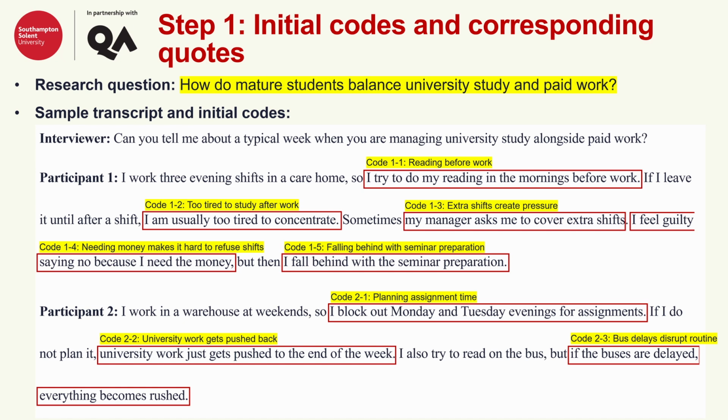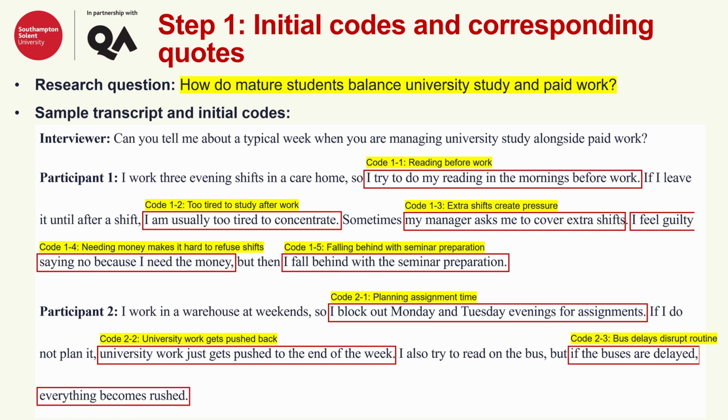For participant 1, the codes include reading before work, being too tired to study after work, experiencing pressure to cover extra shifts, needing money and finding it difficult to refuse those shifts, and falling behind with seminar preparation. For participant 2, the codes include planning assignment time, university work being pushed back, and boss delay disrupting the study routine.